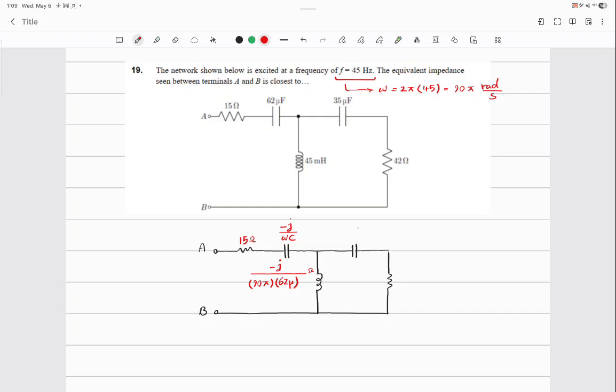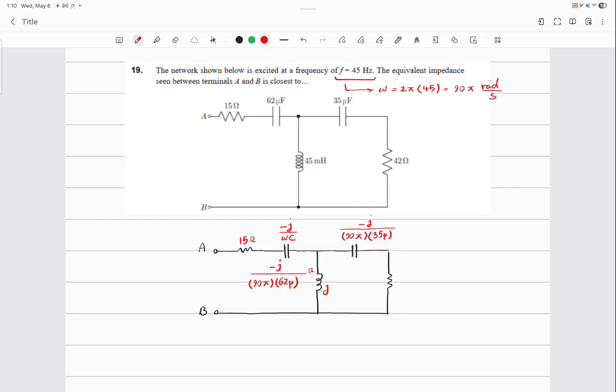The other capacitor is going to be negative j over 90 pi, 35 micro, and the other, oh, I forgot this guy.